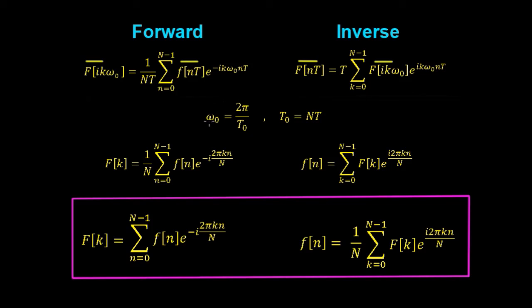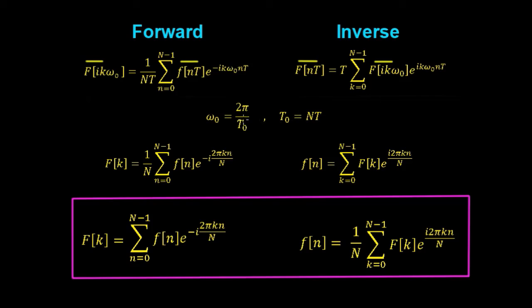Now also we can see that the omega naught is equal to 2 pi upon T naught, and we know that our T naught is equal to our NT, so we've seen these throughout the previous video. So it means that we can replace this omega naught here with our 2 pi upon T naught, but that in effect will be 2 pi upon NT.